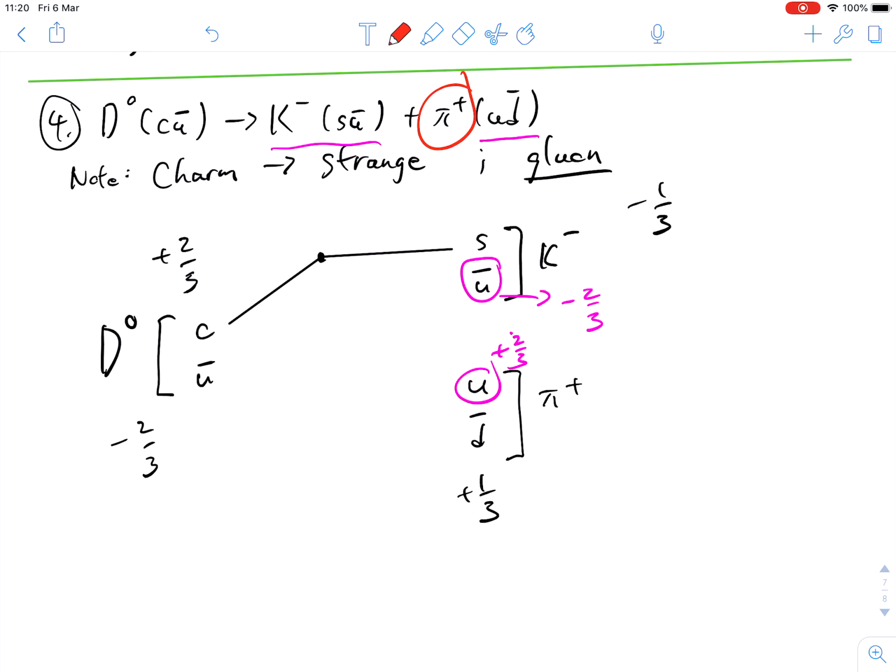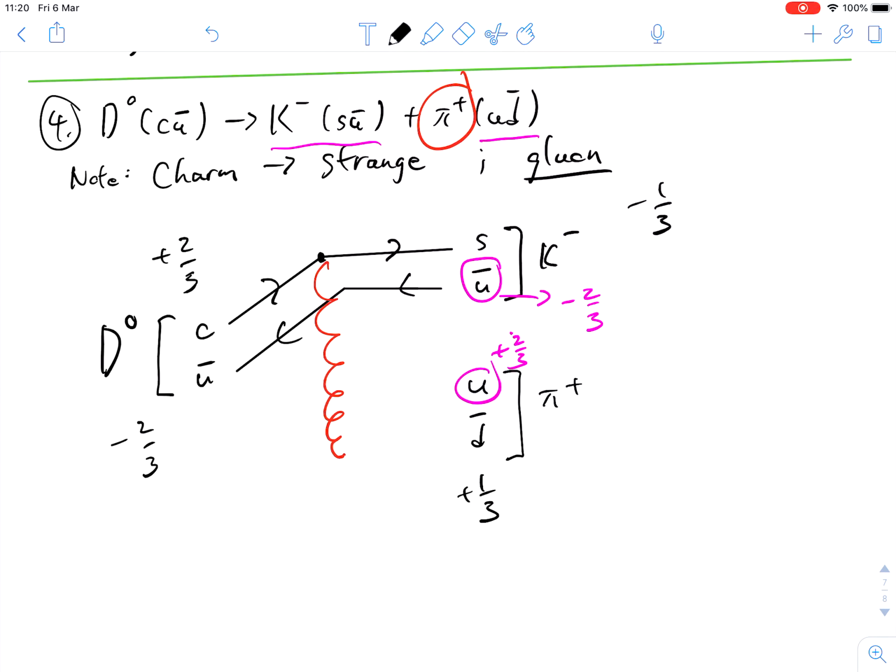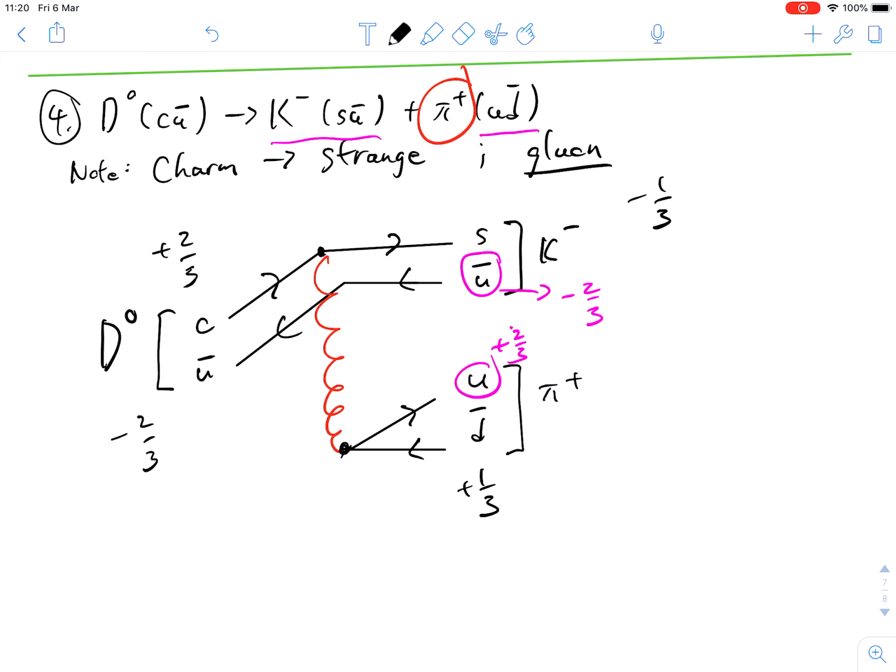So up, anti-up here. Sorry, anti is going to be backwards. Charm to strange. This could form, whoops, our regular particle and our antiparticle. And so yeah, that would give us our full plus 1/3.